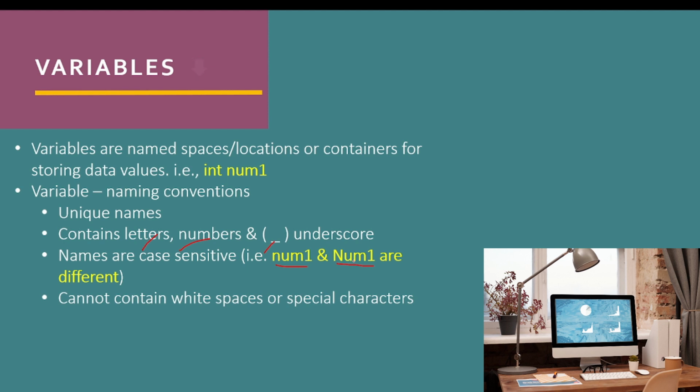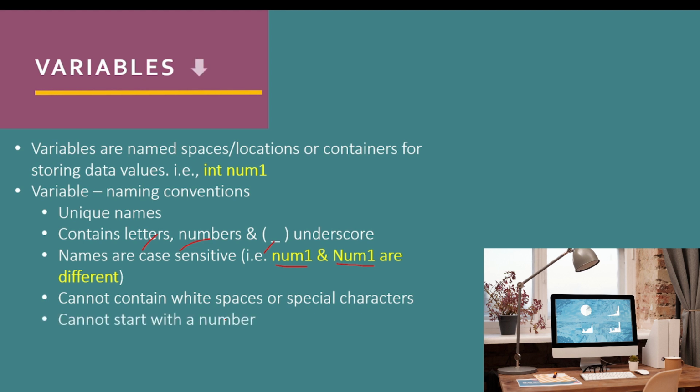You cannot have white spaces or special characters in variables. So you cannot put a space like num space 1. And likewise, you cannot have special characters, for example question mark, asterisk, tilde sign, or whatever.